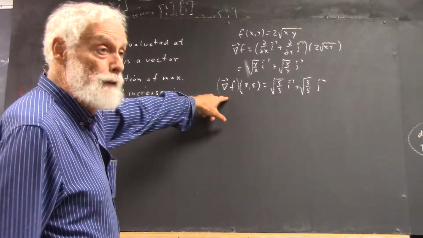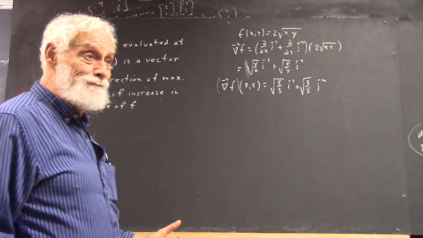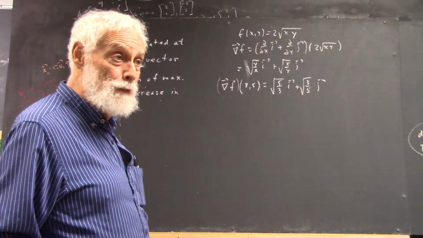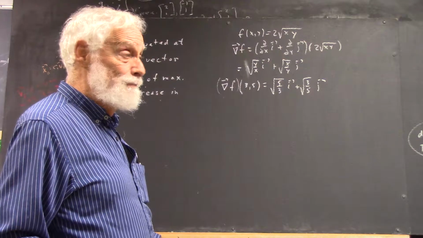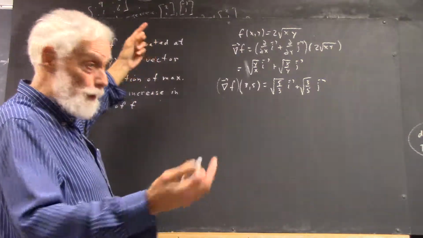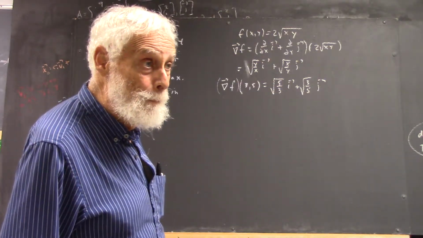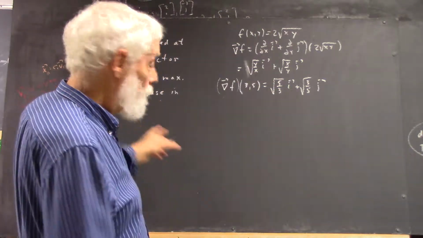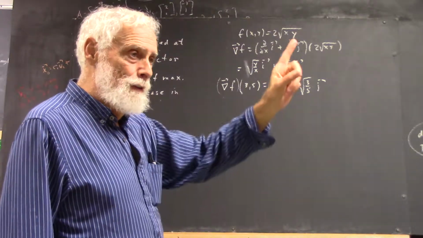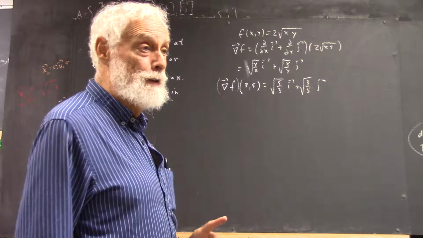That's the gradient. So if you imagine a quadric surface, walking along the quadric surface, the gradient of the function that gives you the quadratic surface, x squared minus y squared, or whatever it is, or square root of xy, okay? Tells you the direction that you go to go uphill as fast as possible, okay?